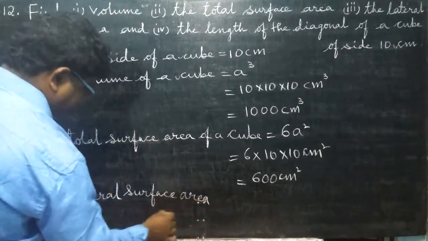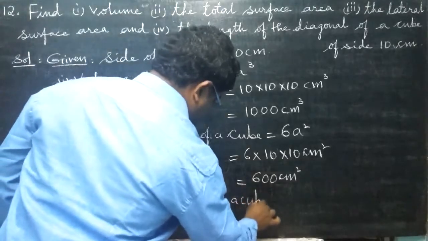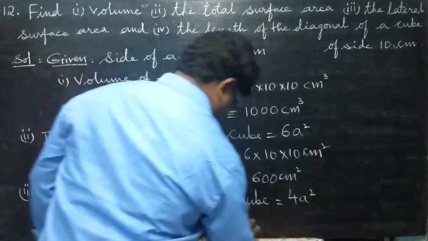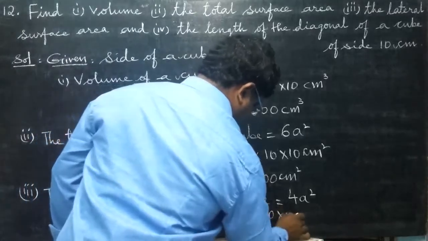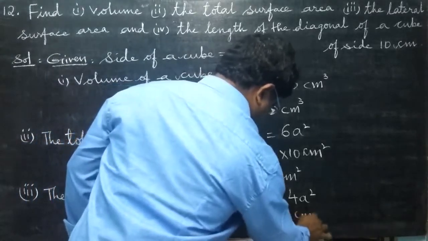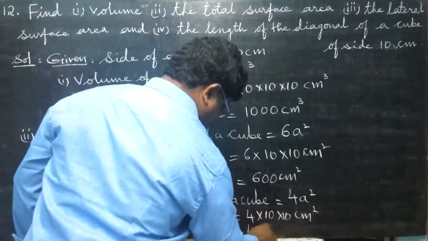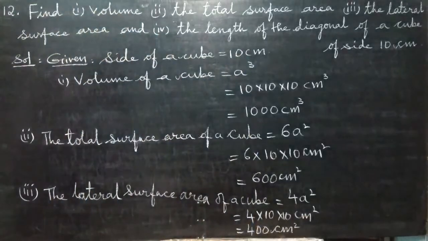The lateral surface area of a cube is equal to 4a square. That is equal to 4 into 10 into 10 centimeter square. That is equal to 400 centimeter square.